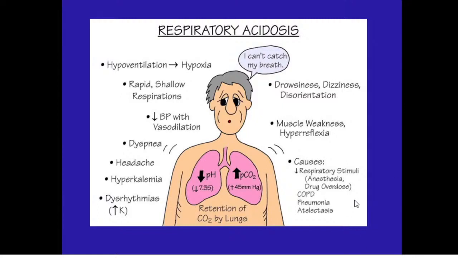What are the causes of respiratory acidosis? Decreased respiratory stimuli, for example, overdose of some drugs during anesthesia. Pneumonia, atelectasis, which means something that does not allow the lungs to take enough oxygen and leads to the retention of carbon dioxide in the lungs.